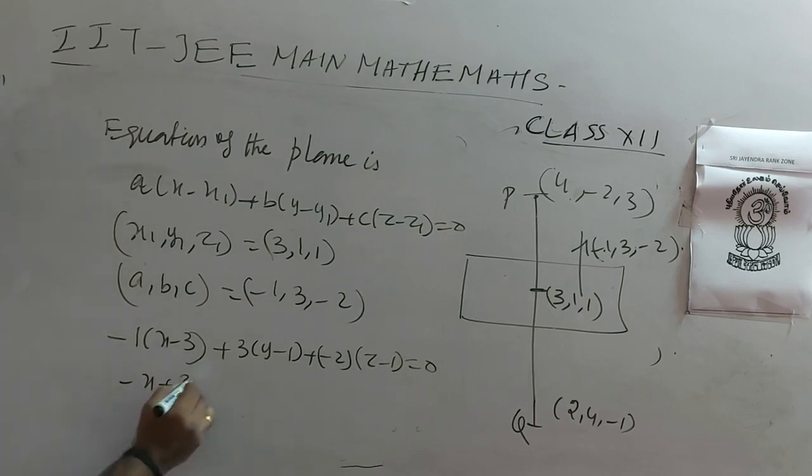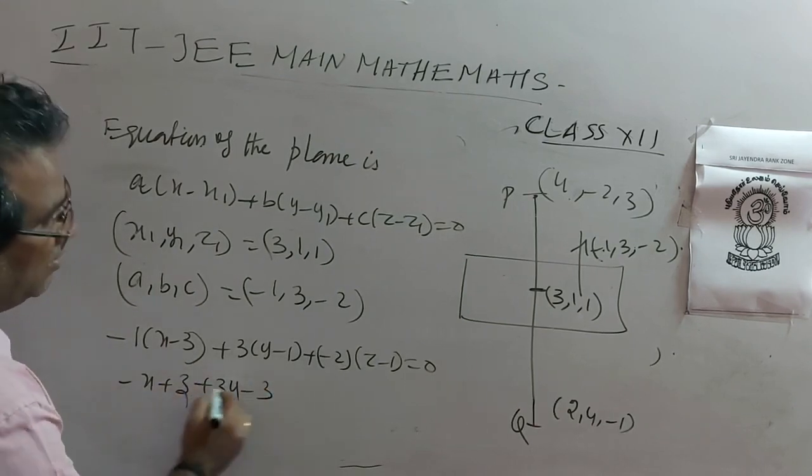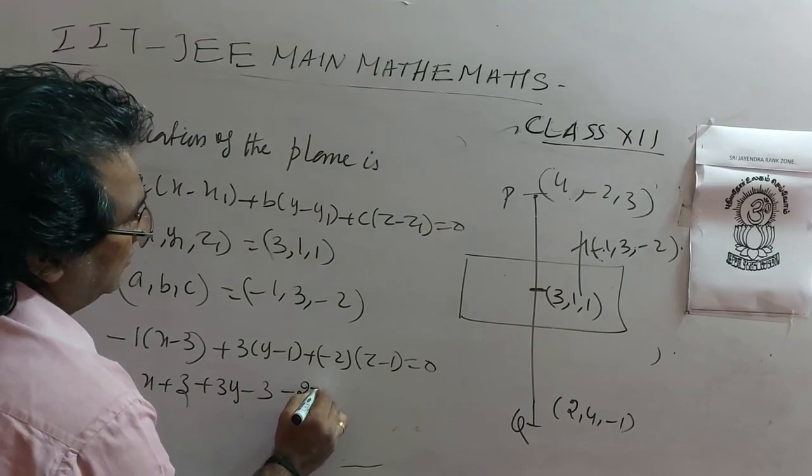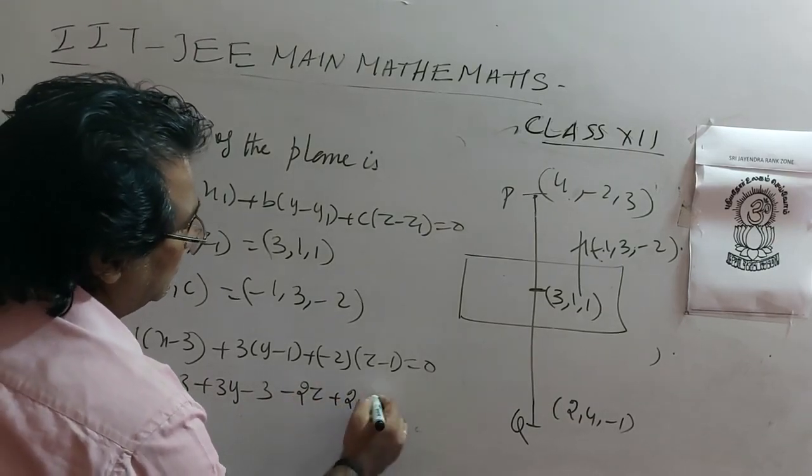Minus x plus 3, 3y minus 3, minus 2z plus 2 equal to 0.